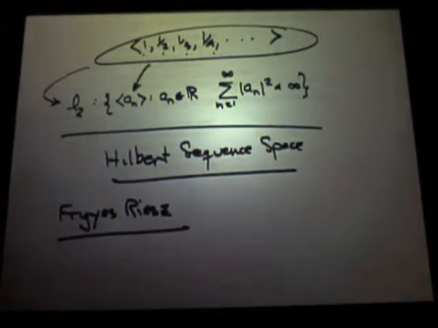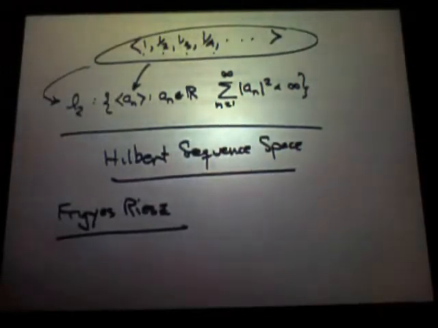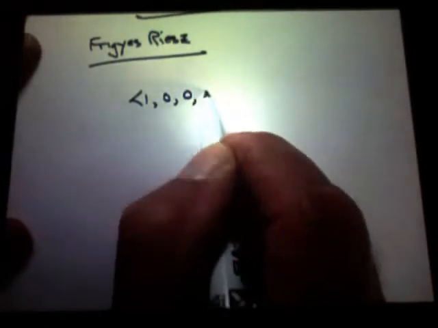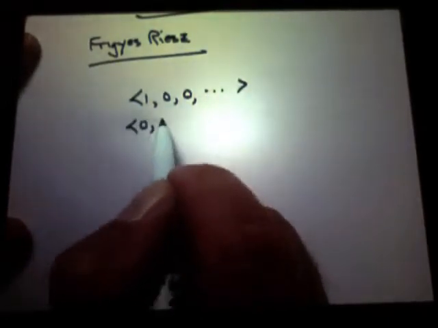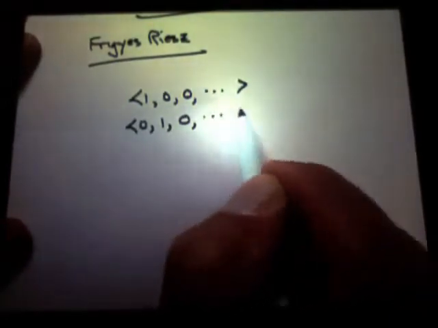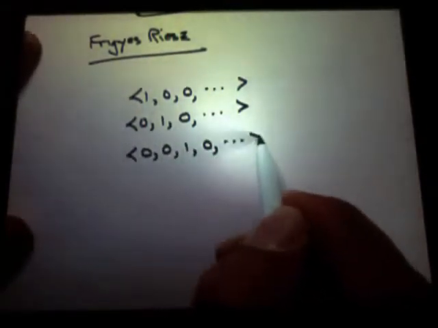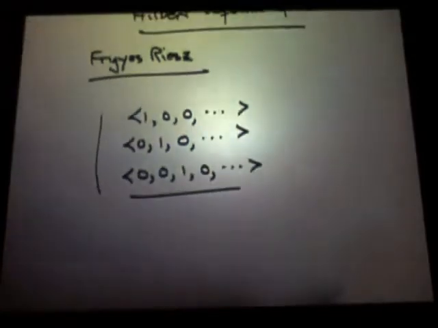F-R-I-G-Y-E-S, Frigyes, basically Fritz in Hungarian. So that's the space. And here are some vectors in that space. Okay, a whole bunch of them.